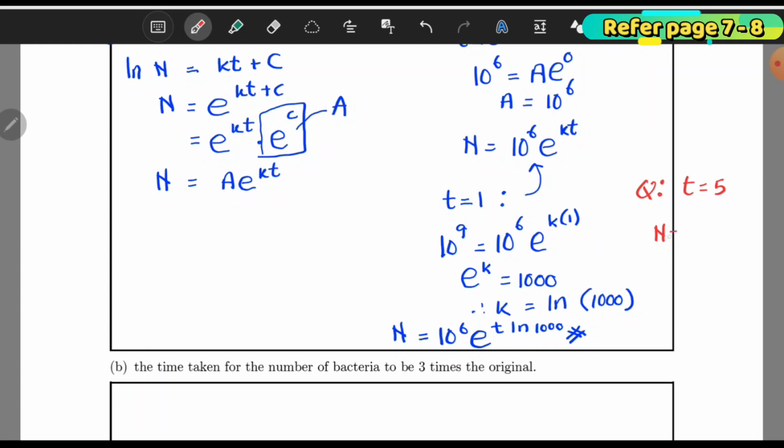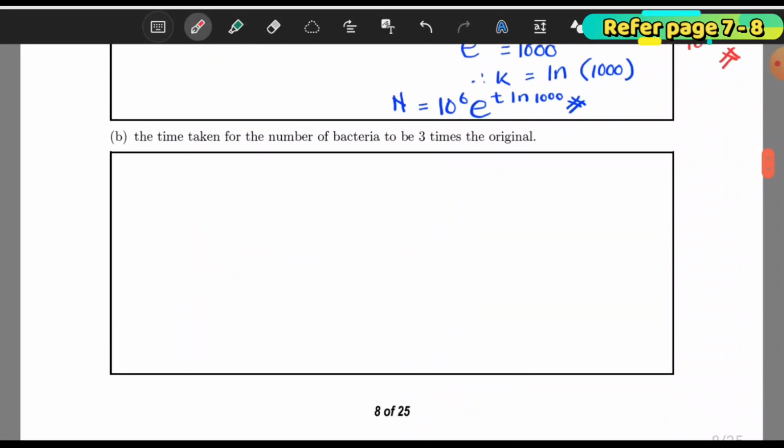We have n equals 10^6 e^(5 times ln 1000). And you can use your calculator now. We will get 10^21. So the population is 10^21 when t equals 5.